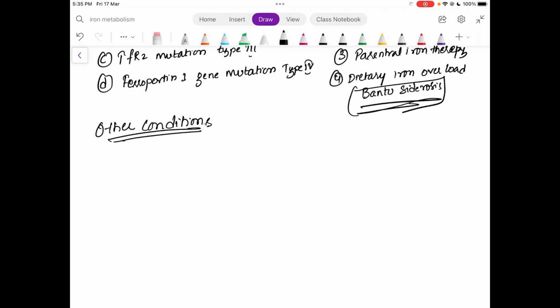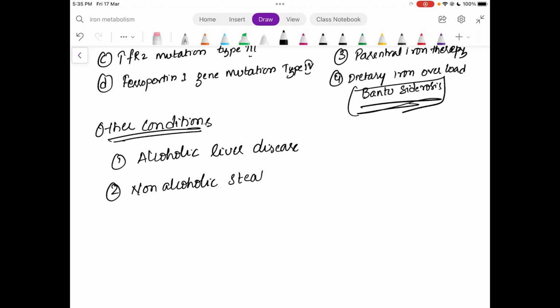Other conditions like alcoholic liver disease, non-alcoholic steatohepatitis, and HCV infections, hepatitis C viral infections, and porphyria cutanea tarda.